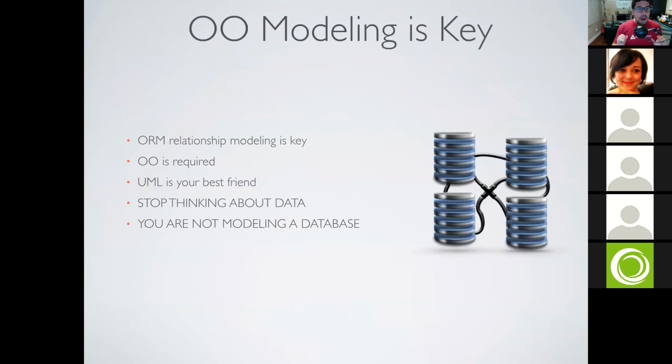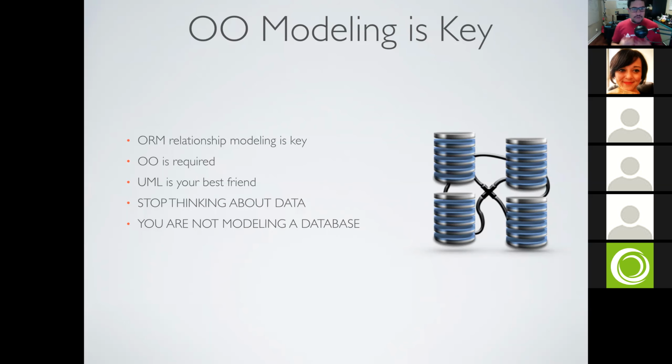All right, object-oriented modeling is key. If you're going to start working with any ORM, you have to remember that object orientation is required. Okay? UML is going to be your best friend. Stop thinking about data. You're not modeling the database anymore. You're modeling an entire object graph system.